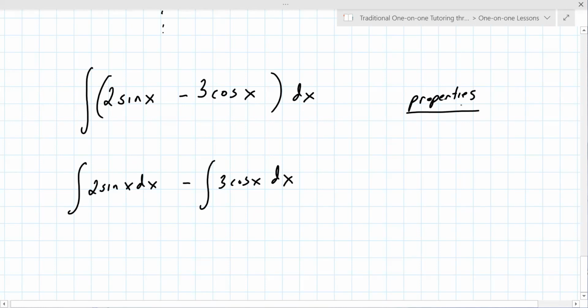Have we talked about that, or have we seen that before? Yes. Okay, great. So the integral of sine x is minus cosine x plus c. You remember that from above?